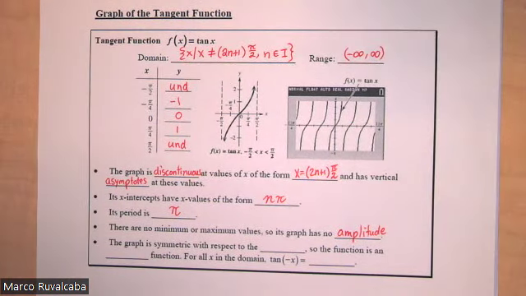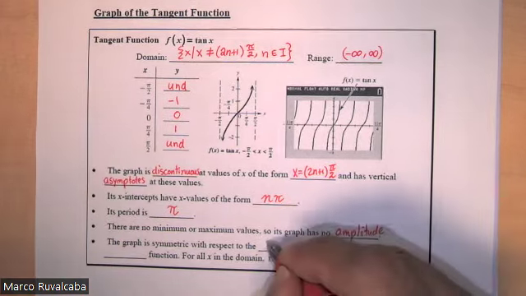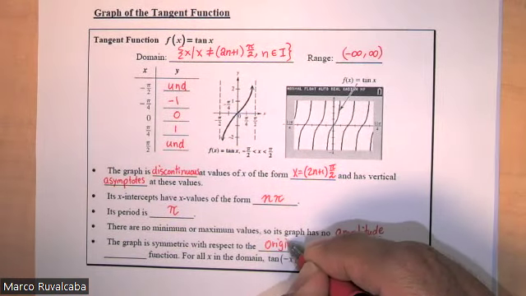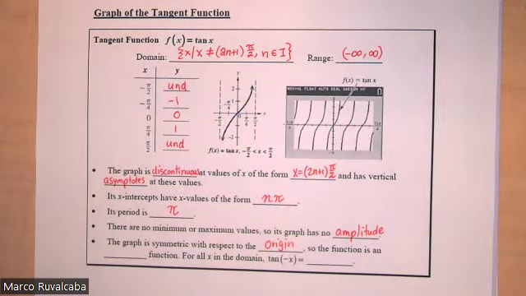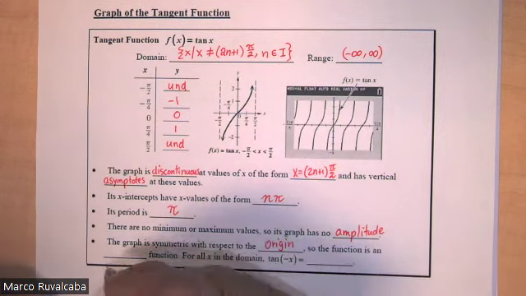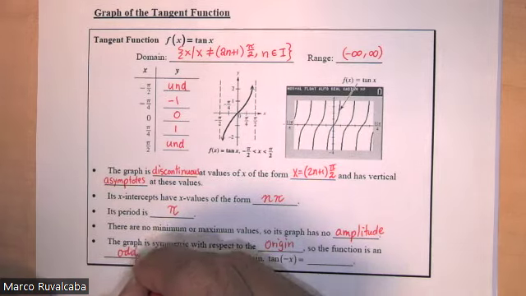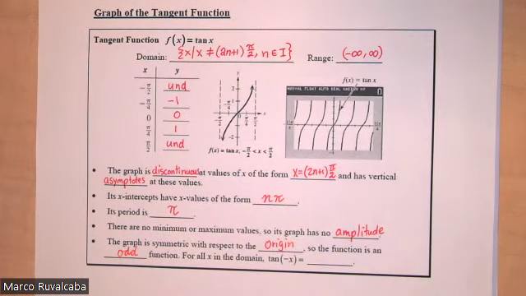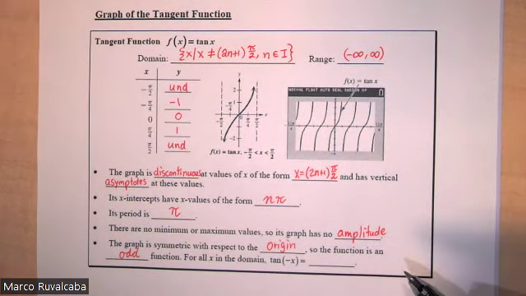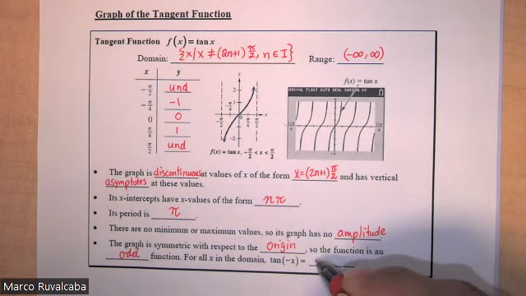This graph is symmetric with respect to the origin, and symmetry with respect to the origin implies an odd function. By the definition of an odd function, for all x in the domain, the tangent of negative x is equal to the negative tangent of positive x.